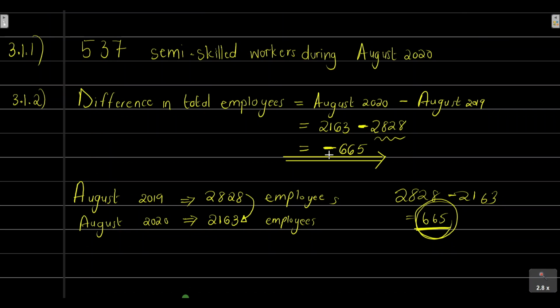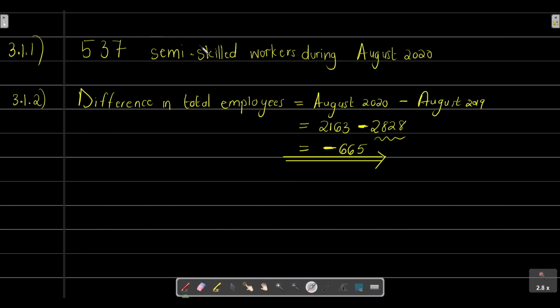It's negative 665 because there were more employees in 2019 compared to 2020, so there was a decrease. We need to think all the time when we're answering our questions.